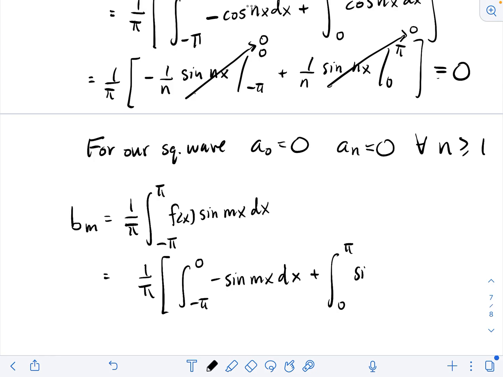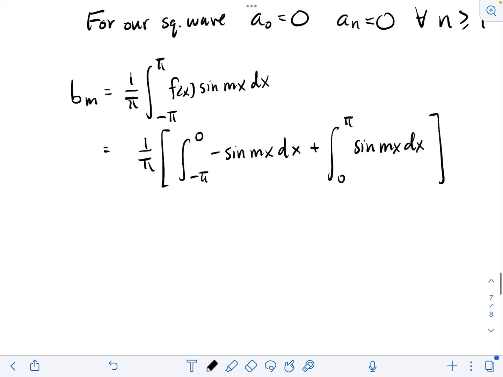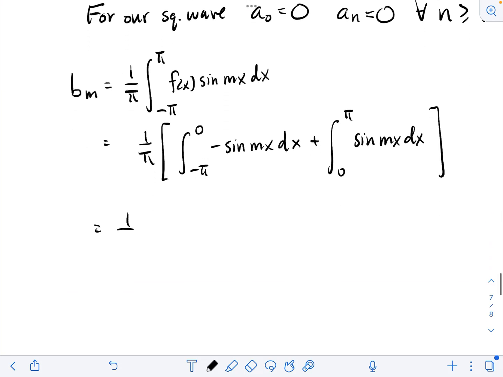Okay. Now let's see. When we integrate a sine, it becomes minus cos. So we just have to keep track of the negative signs. So we get a 1 over m cos mx from minus pi to 0. Then I think we're going to pick up a minus 1 over m cos mx from 0 to pi.